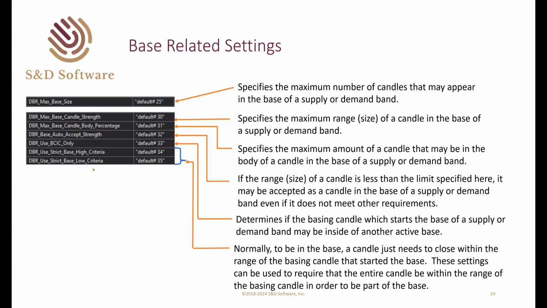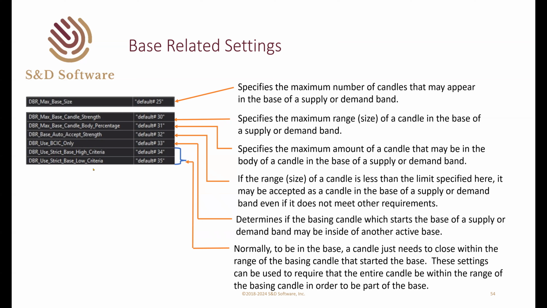So you have the ability to place restrictions on the strength of candles in the base, how big those candles can be. And again, that's specified in the usual way, which is as a multiple of the ATR. You can also place a limit on how much of the candle can be in the body versus the wicks.